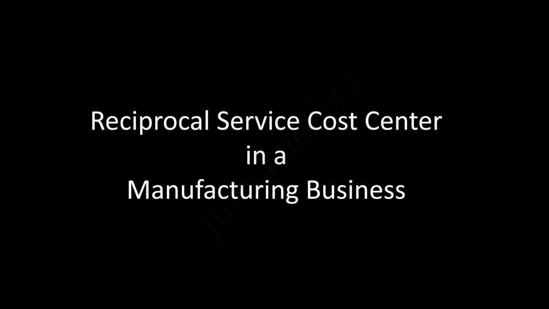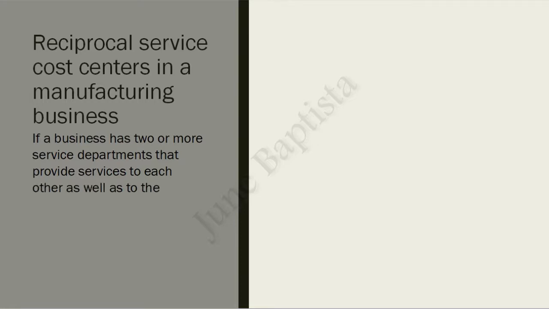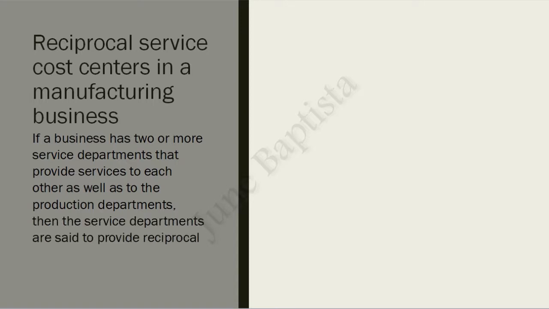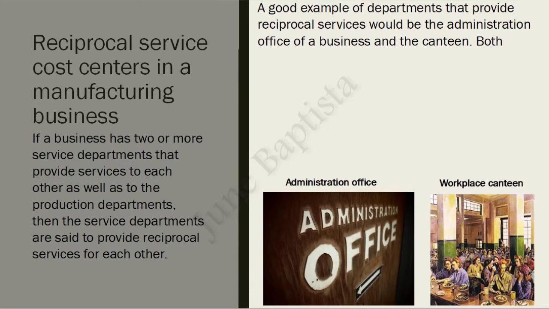Reciprocal service cost centers in a manufacturing business. If a business has two or more service departments that provide services not only to the other production departments, but to each other as well, then the service departments are said to provide reciprocal services for each other. A good example of departments that provide reciprocal services would be the administration office of a business and the canteen.